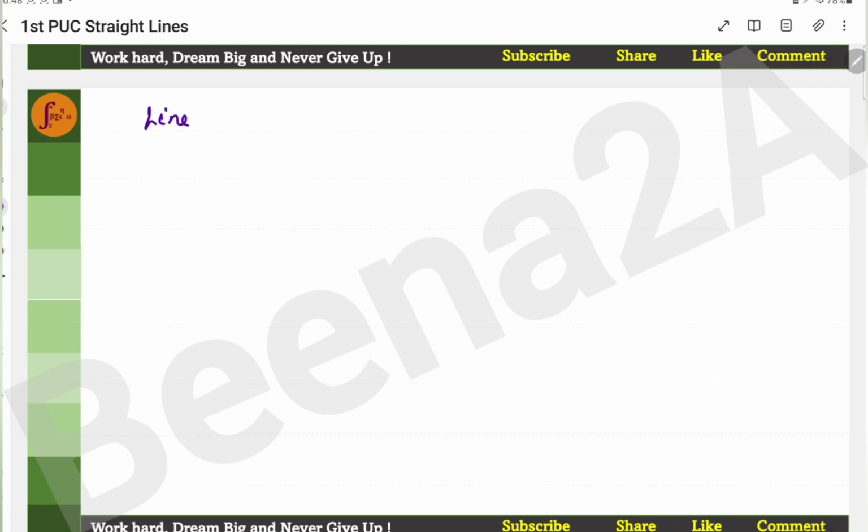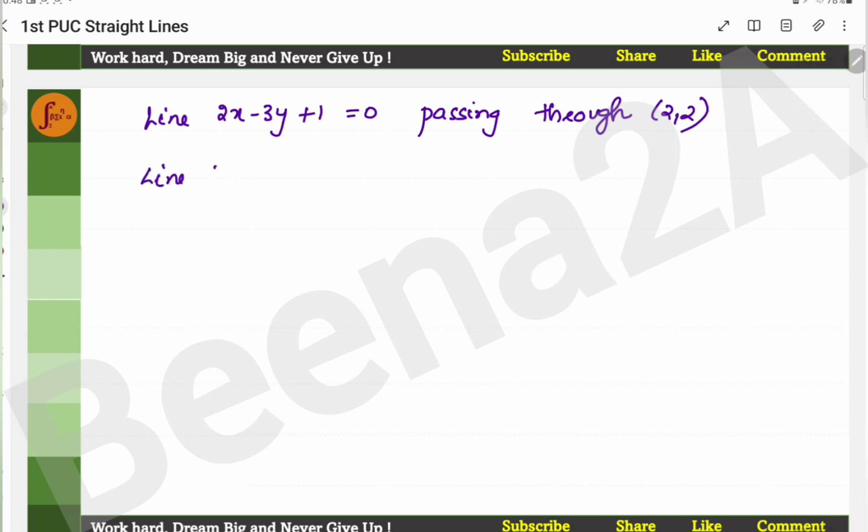We'll take another example. We have the line 2x minus 3y plus 1 and the point given is 2 comma 2. Now you have to find line 2.